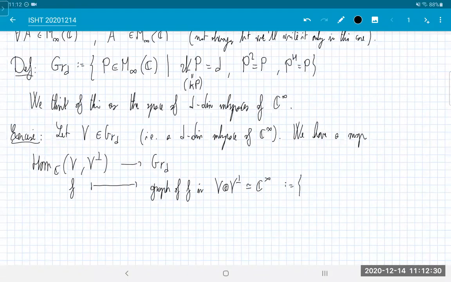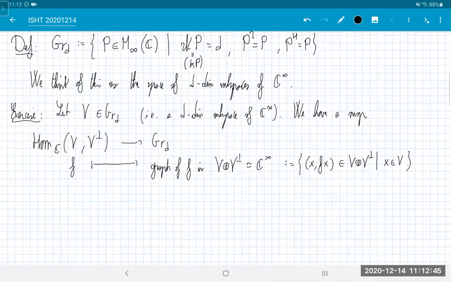That is a subspace, which is also a d-dimensional subspace. And okay, I have a map. I just defined it for you. It's a map of sets.